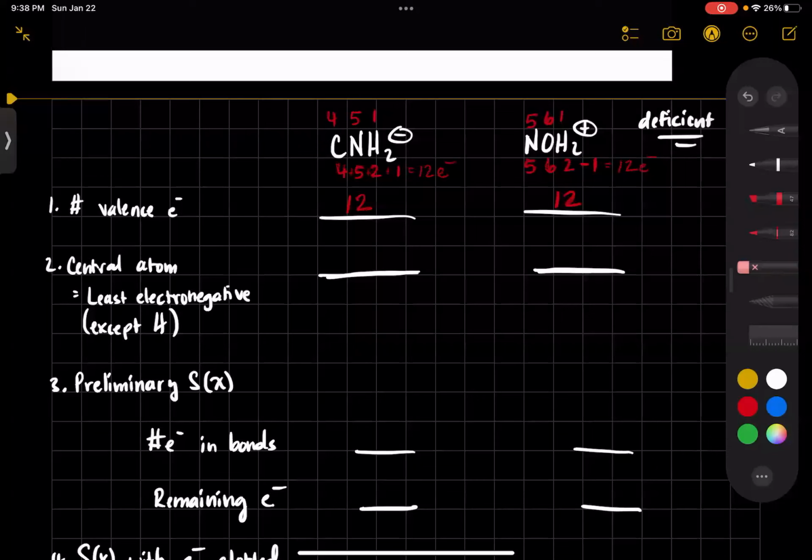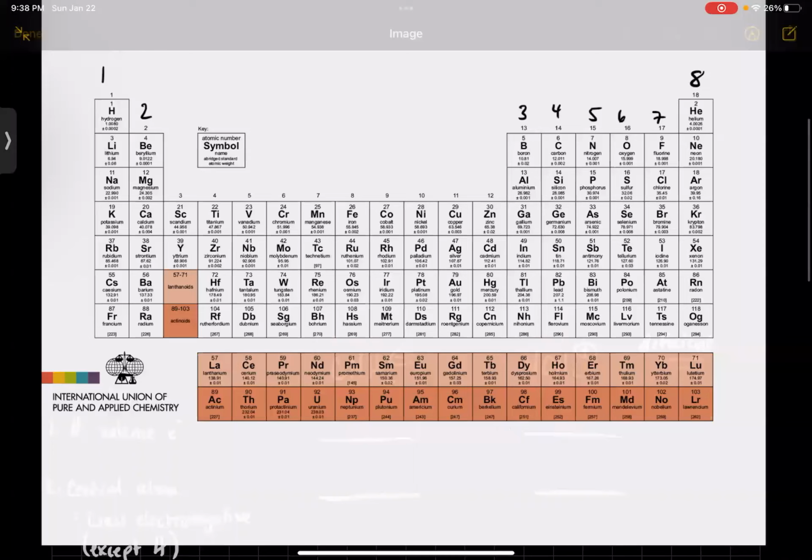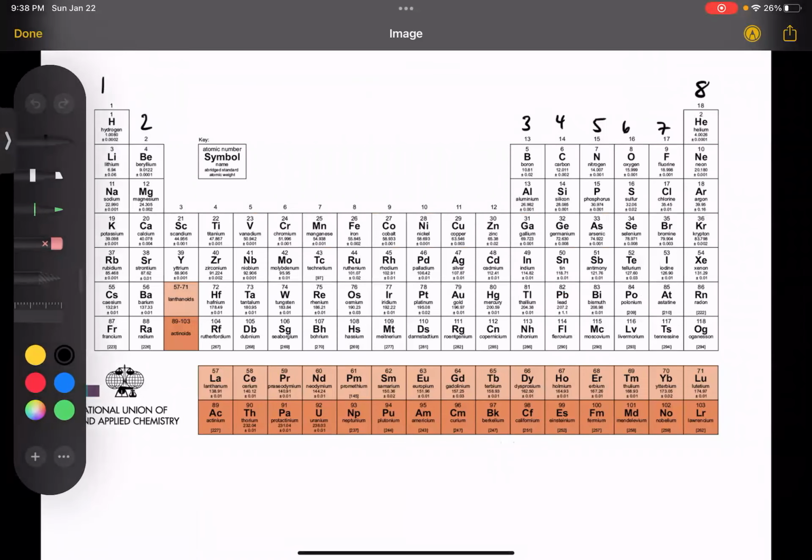So we need to figure out what's the least electronegative atom other than hydrogen. Here I have CNH2 and I have NOH2. So we're going to be comparing carbon, nitrogen, and oxygen. Recall that electronegativity increases going to the right up to group 17 and going toward the top.